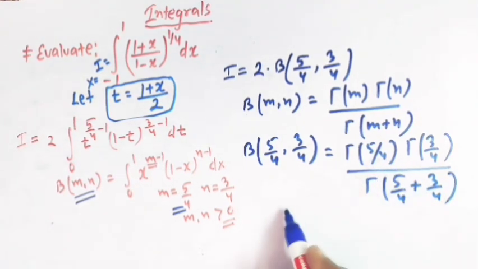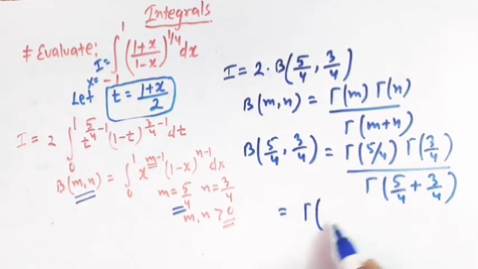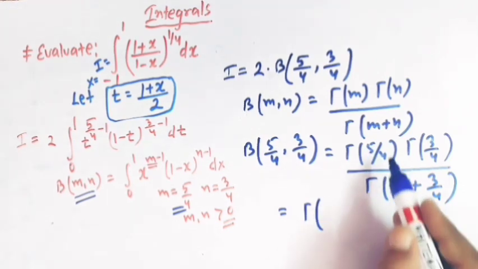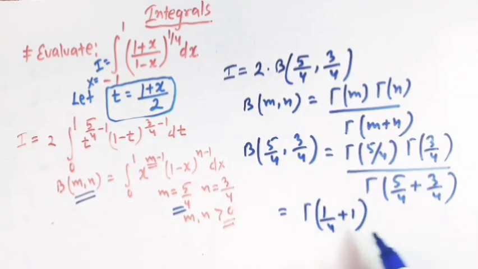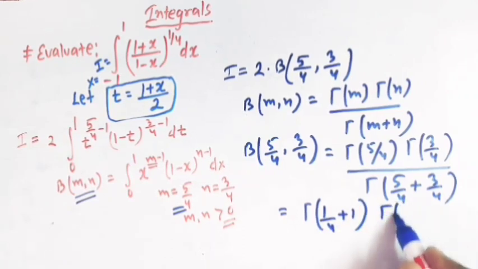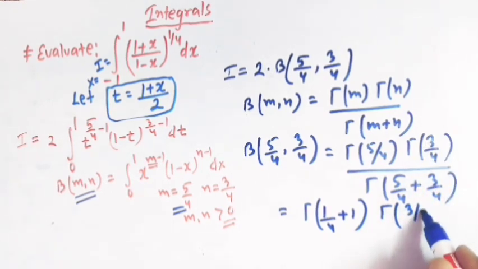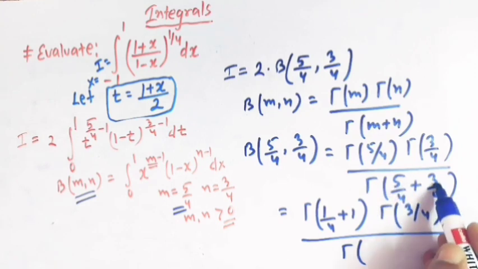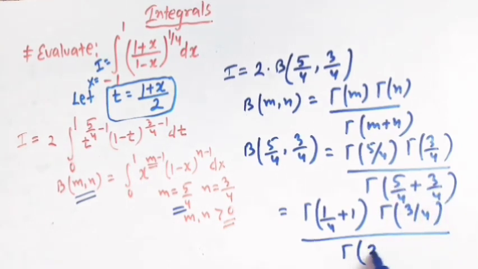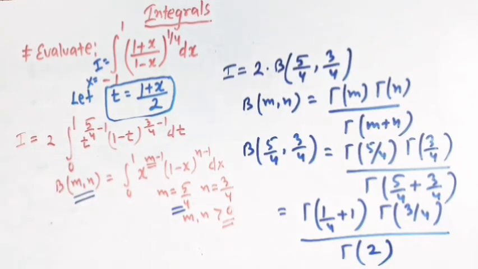Now 5 by 4 can be written as 1 over 4 plus 1, and in the denominator we have gamma of 8 by 4, which is gamma of 2.